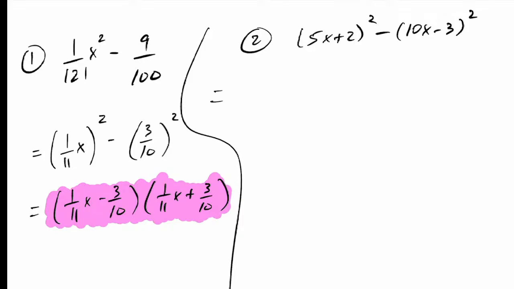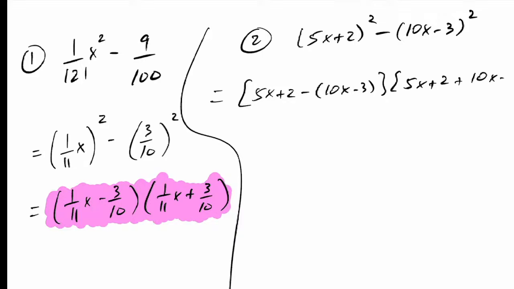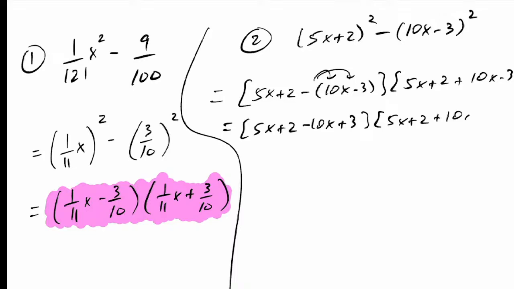For this one, it's going to be x minus y times x plus y. Then I can distribute the minus sign into here. Anyone get this so far?